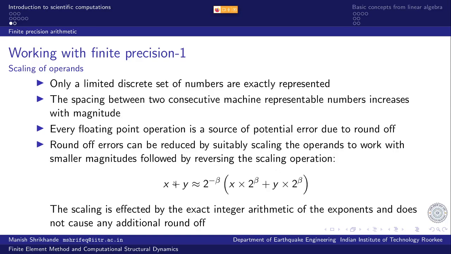reversing the scaling operation. For example, if I have to add two numbers x plus y, I can represent this as 2 raised to the power minus beta, where beta is some integer, multiplied by x multiplied by 2 raised to the power beta plus y multiplied by 2 raised to the power beta.